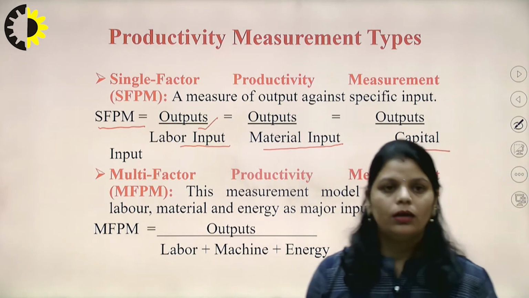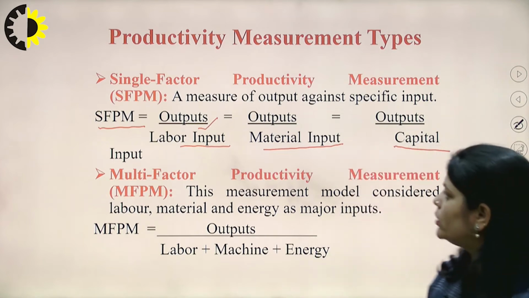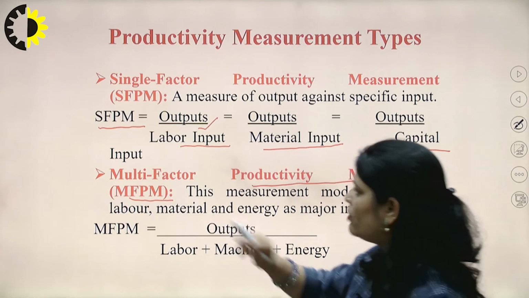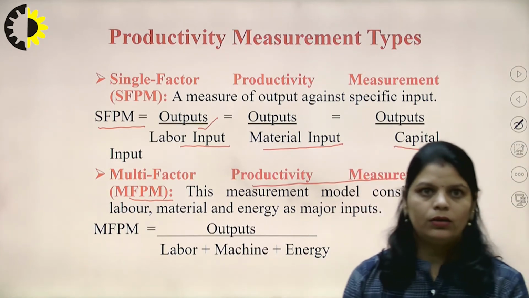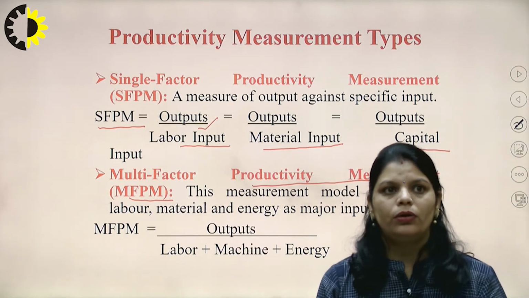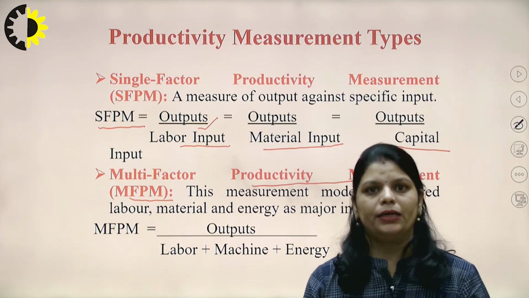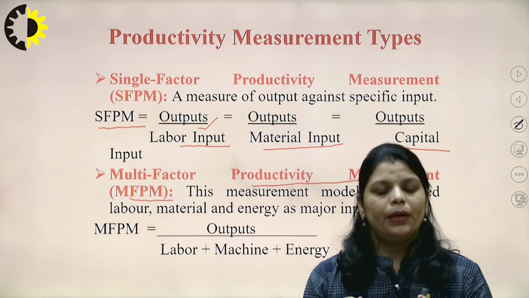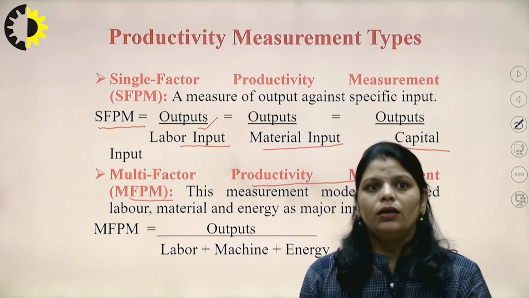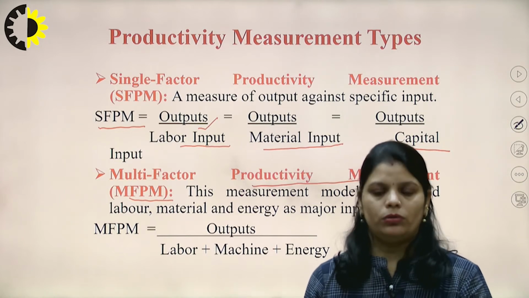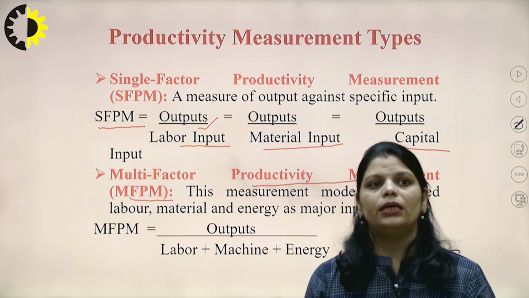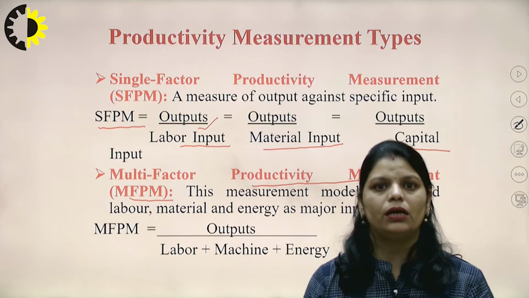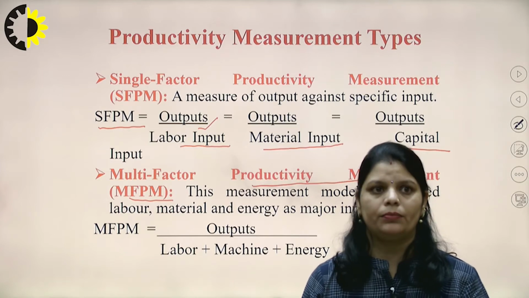Now we come to the multi-factor productivity measurement, or MFPM. It is a measurement model that considers labor, material and energy as the major inputs. Here the capital was deliberately left out. Why? Because it is most difficult to estimate how much capital is being consumed per unit time.